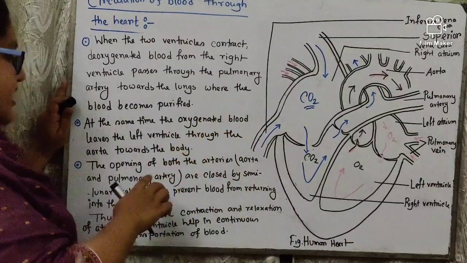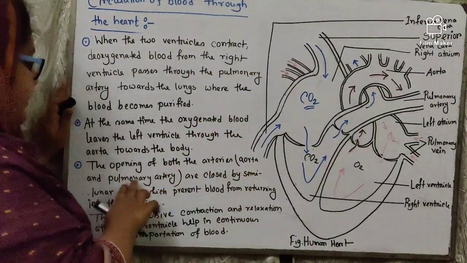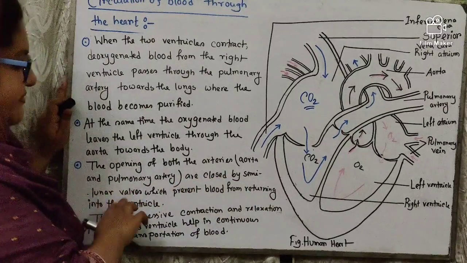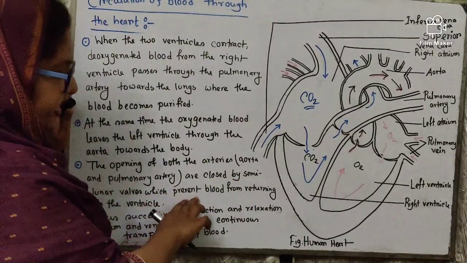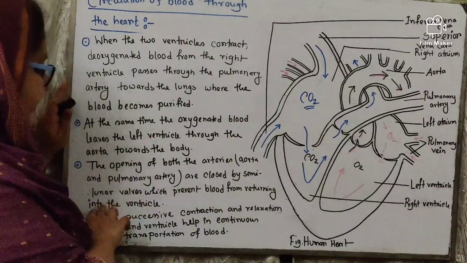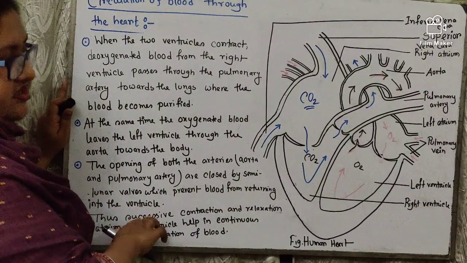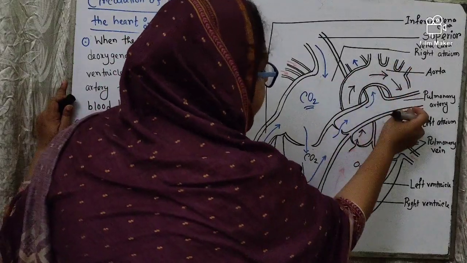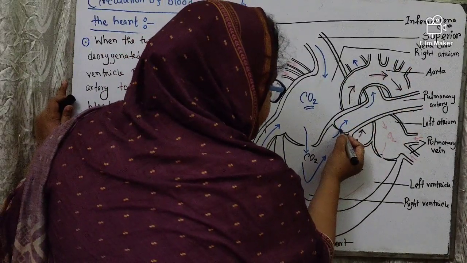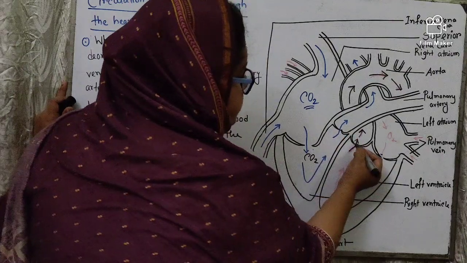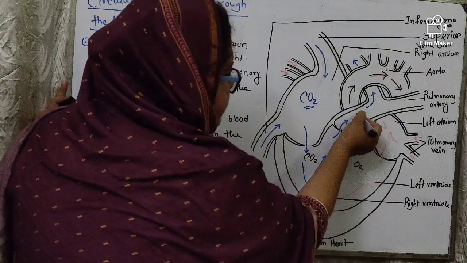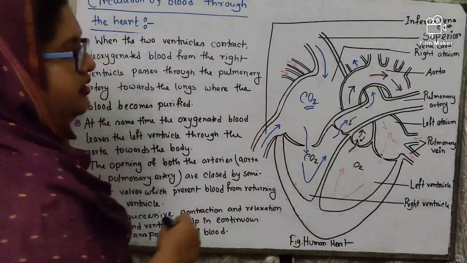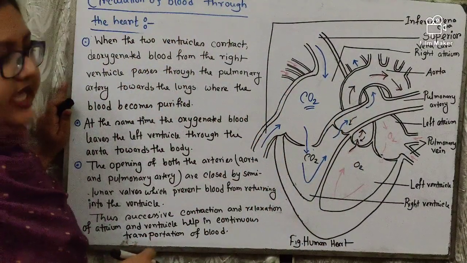The opening of these two arteries, that is aorta and pulmonary artery, are closed by semilunar valve, which prevent the blood from returning to the ventricle. Okay, so after passing through the aorta and the pulmonary artery, these two valves remain closed, so that the blood cannot return to the ventricle again.